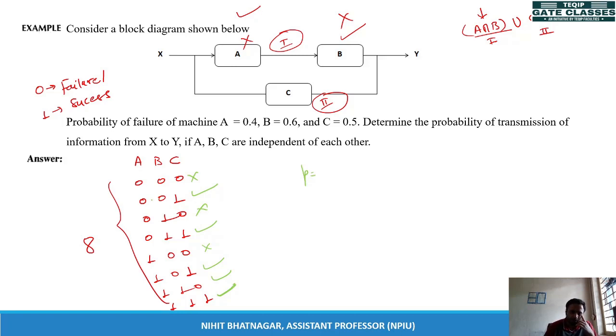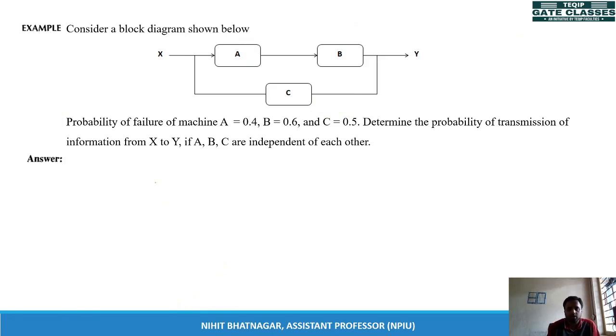So it means we have to multiply the probability of each event. The favorable cases are 0 0 1, then 0 1 1, then 1 0 1, then 1 1 0, then 1 1 1. So 0 0 means A and B will fail.